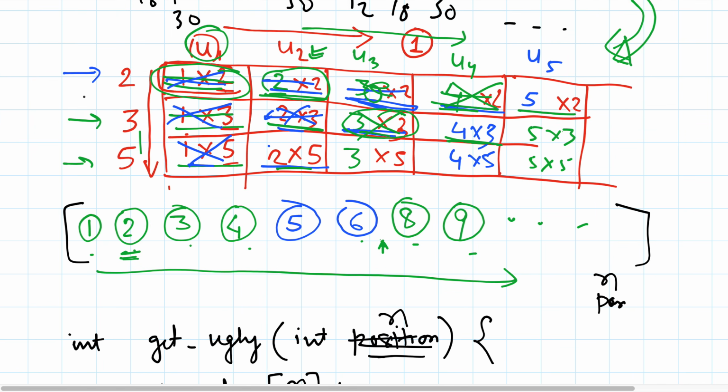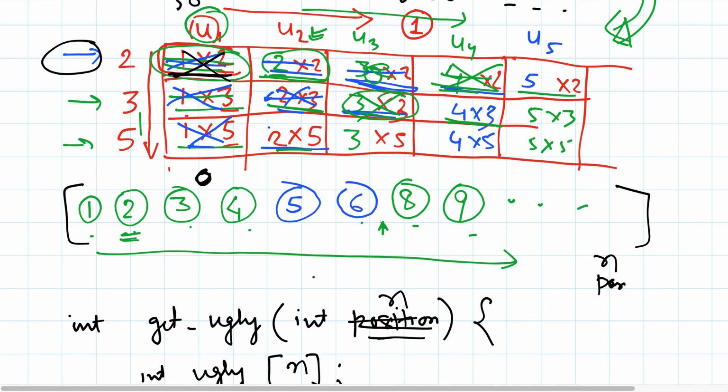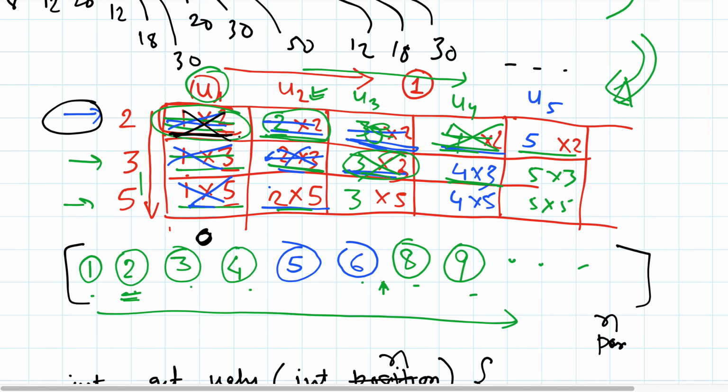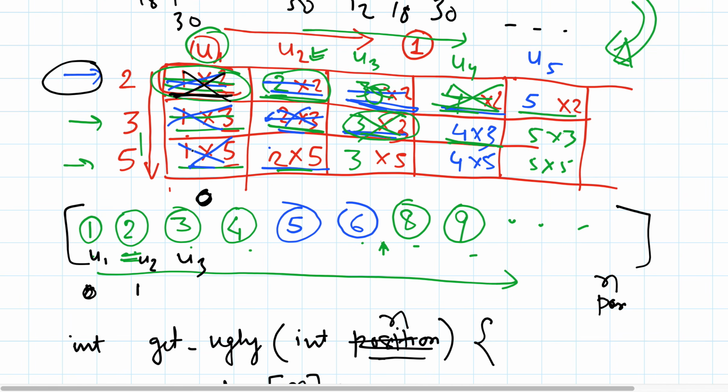Now let's take these three indices. For each row we were keeping track of where we are currently when we printed this. So initially they were at 0th index, because we were picking this ugly 0 is equal to 1. U1 represents this, U2 this, U3 this. So U1 means we will store at 0th index in C++, and U2 is at index 1.